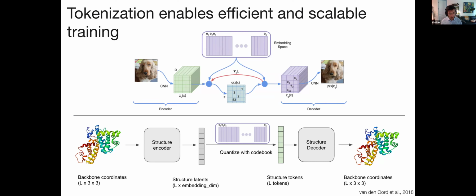And we were worried that the tokens from FoldSeek are not high enough resolution to reconstruct the full 3D structure. So when we were training ESM3, we trained a new VQVAE, which takes the backbone coordinates, produces a token for each residue in the protein, quantizes it, and then a decoder is learned to predict the structure from these quantized tokens.